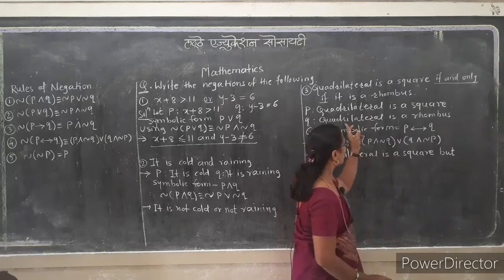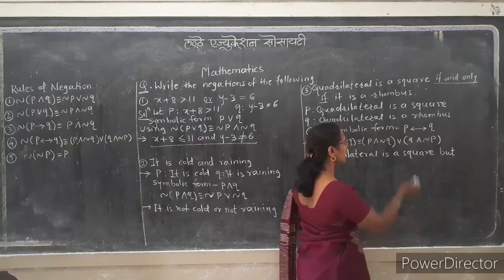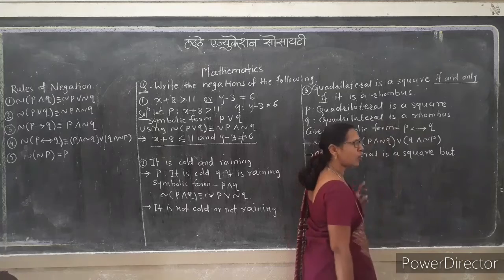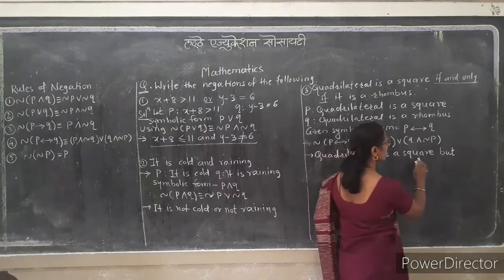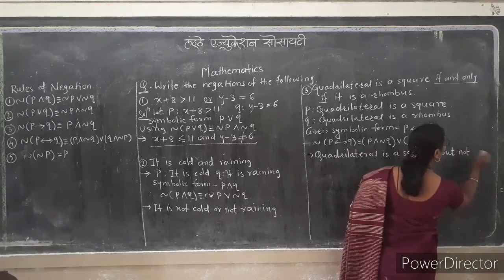Negation Q: quadrilateral is a rhombus, negation is quadrilateral is not a rhombus. Therefore, we write: quadrilateral is a square but not a rhombus.